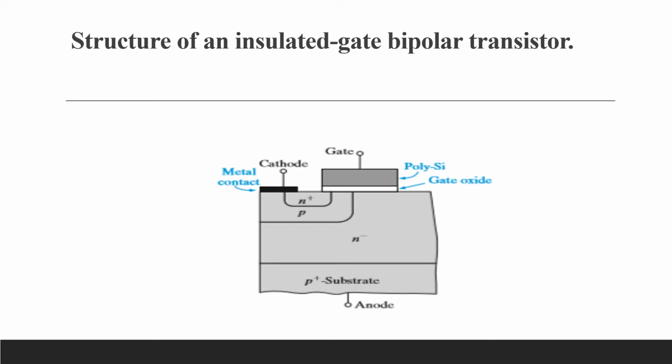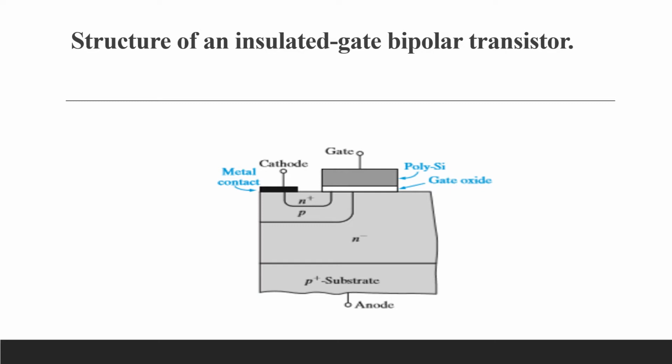It basically combines an SCR with a MOSFET able to connect or disconnect the N plus cathode to the N minus base region, depending on the gate bias of the MOSFET.